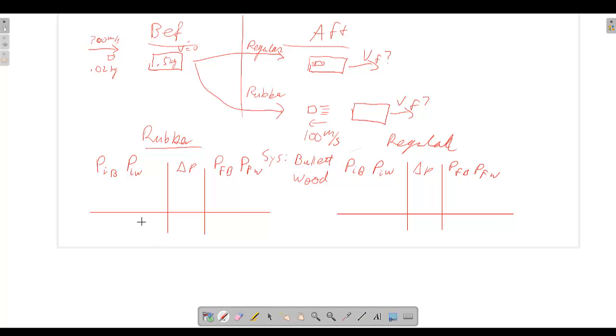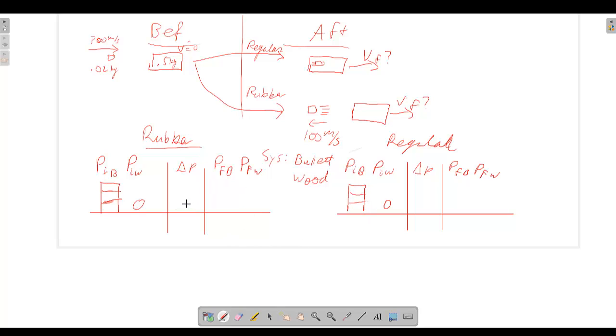So for the bars, in both cases, the bullet has all the momentum and the wood has none. So we're going to start off with a bunch of momentum here, and by a bunch, I mean like 2-3 bars. And we'll do the same here. Okay, this is where we're going to split off.